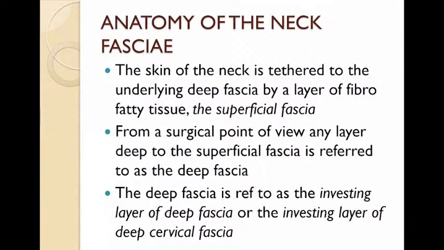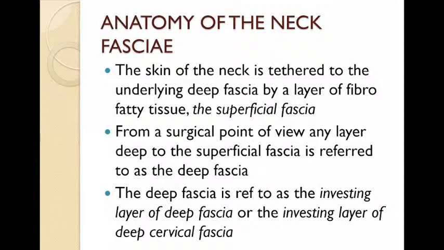So the little anatomy we're going to look at is just that anything that is involved in a deep investing fascia, okay, is what we will refer to, or any space that is covered by the deep investing fascia, anything that is deep to the platysma.